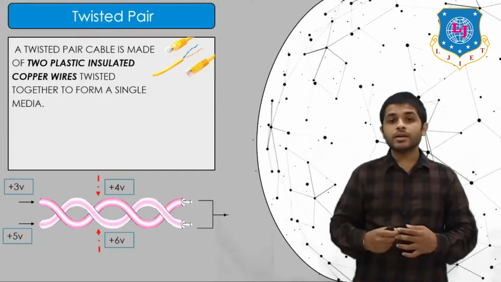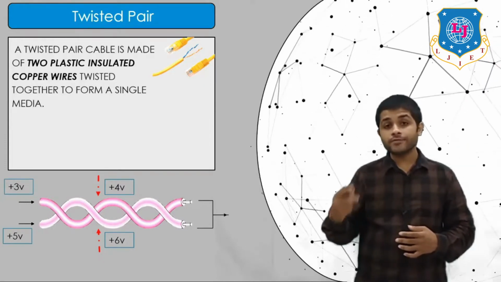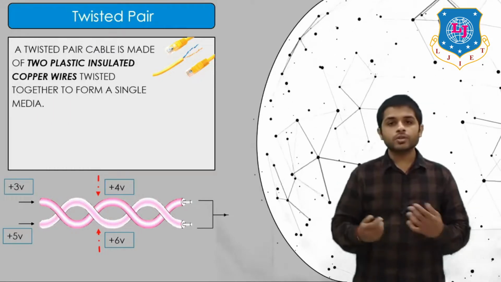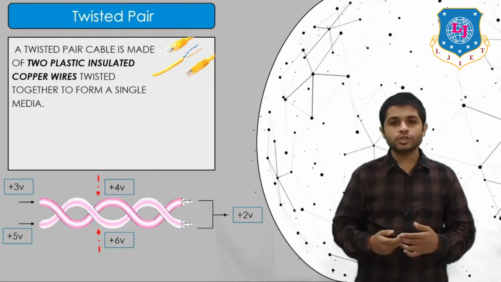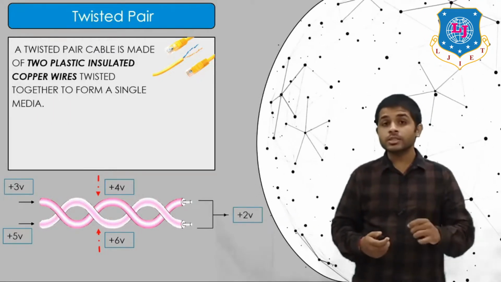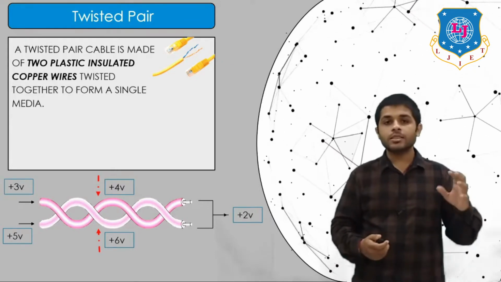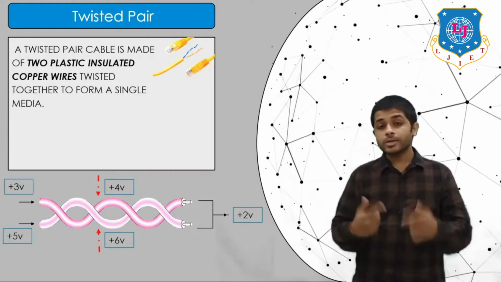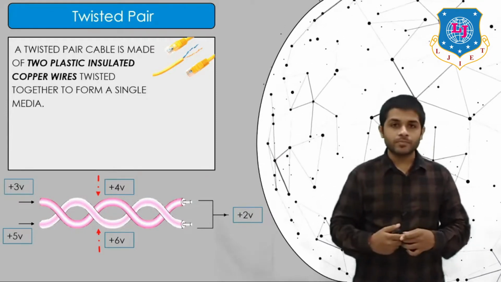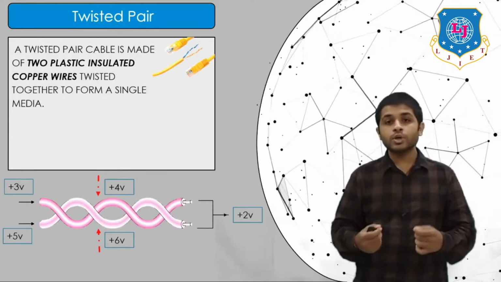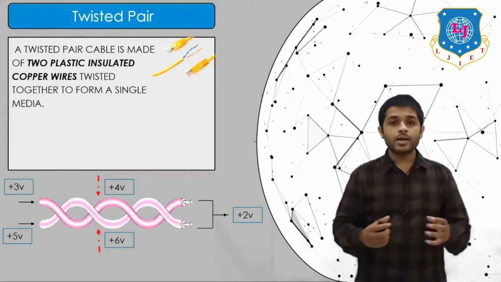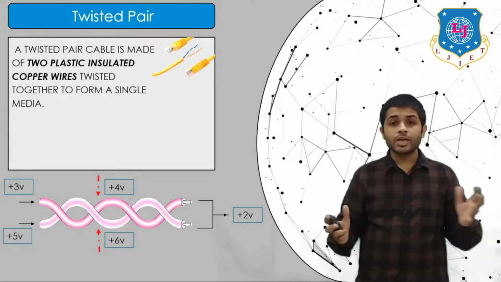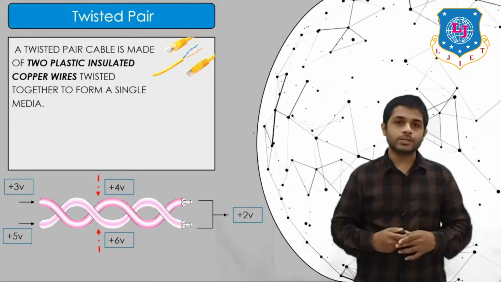But we are considering the difference of these two cables, so the difference remains the same, which is 2 volts. So due to the noise there will be no change in the voltage transmission. That is why the twisted pair is beneficial, and it is more efficient to use twisted pair cables in an environment with a very large amount of noise.